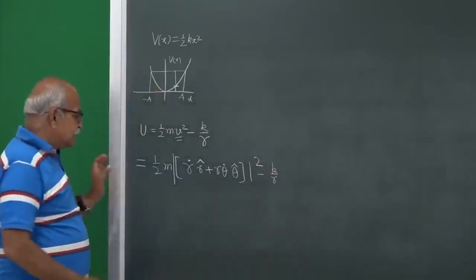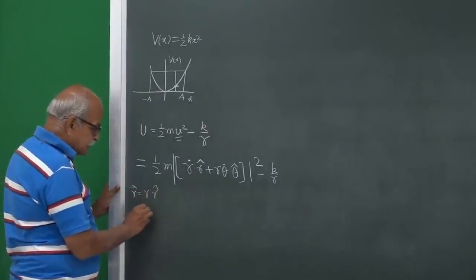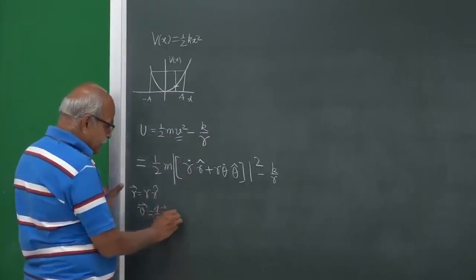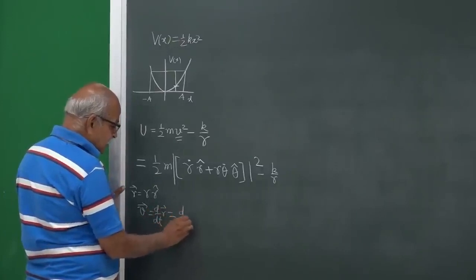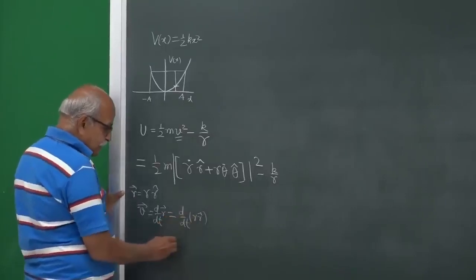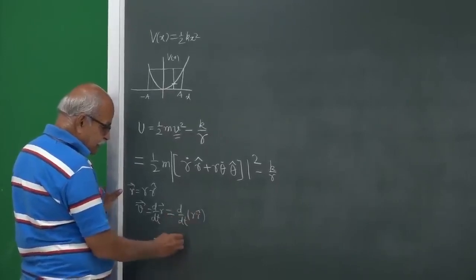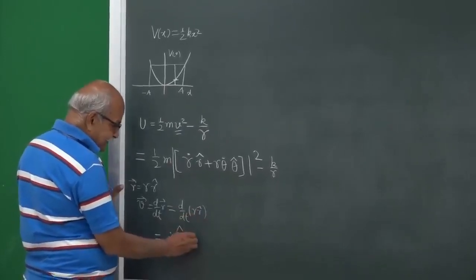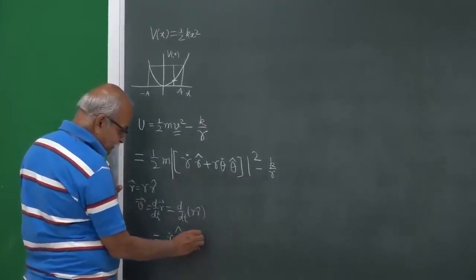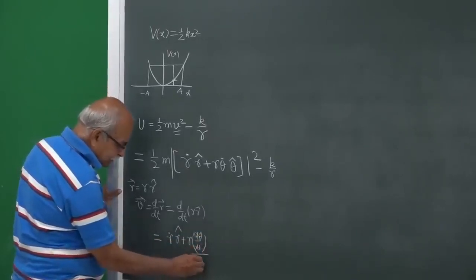Okay, we derived this. We said that the r vector is r r cap, and therefore the velocity vector is d/dt of the r vector, and from there we said it is d/dt of r r cap, and then we opened it: d/dt of r, which is r dot, times r cap, plus r times d/dt of this quantity, and we saw that this quantity turned out to be theta dot theta cap.